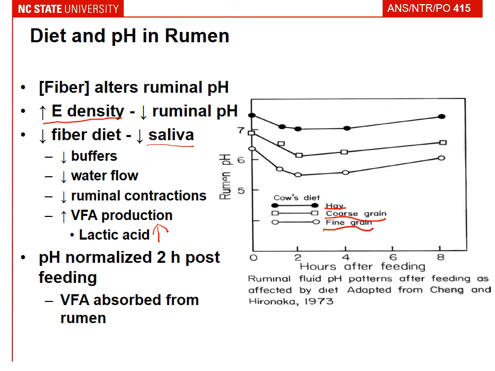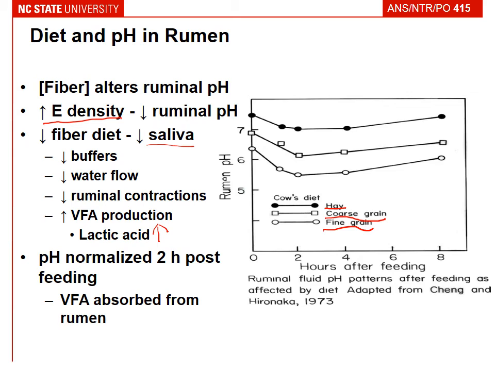So here's another graph showing more with cattle specifically. So here we had some, I believe it was dairy cattle, and we can see how the concentration of fiber altered the ruminal pH.